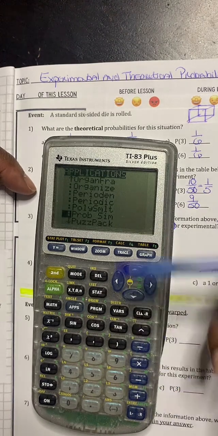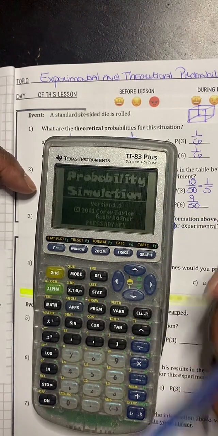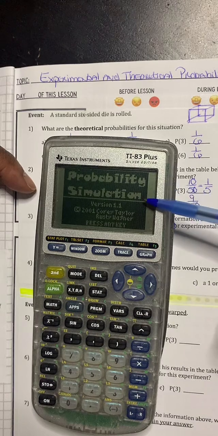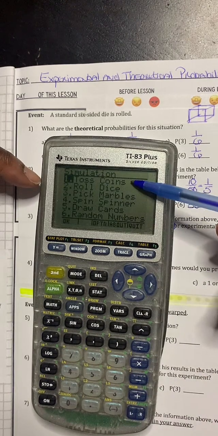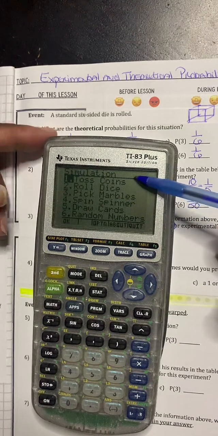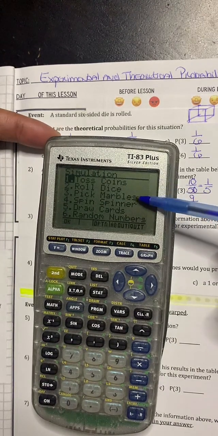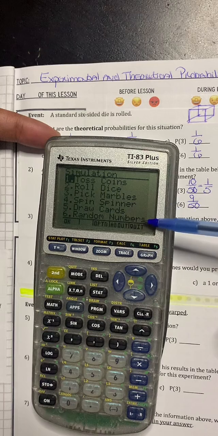Now, where it has prob sim, that's probability simulation. If you want to toss coins in large amounts, roll dice, pick marbles, spin a spinner, draw cards, or even do a random number generator.